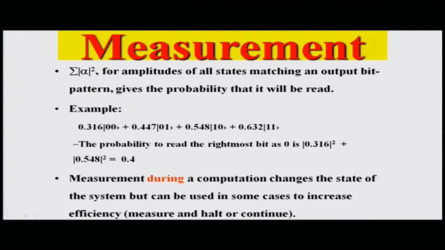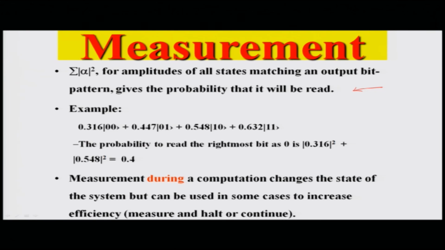So, the summation of the squares of the amplitudes of all the states matching an output bit pattern would give the probability that it will be read as that, and as before the entangled states will have the probabilities defined in the way that we have done before.